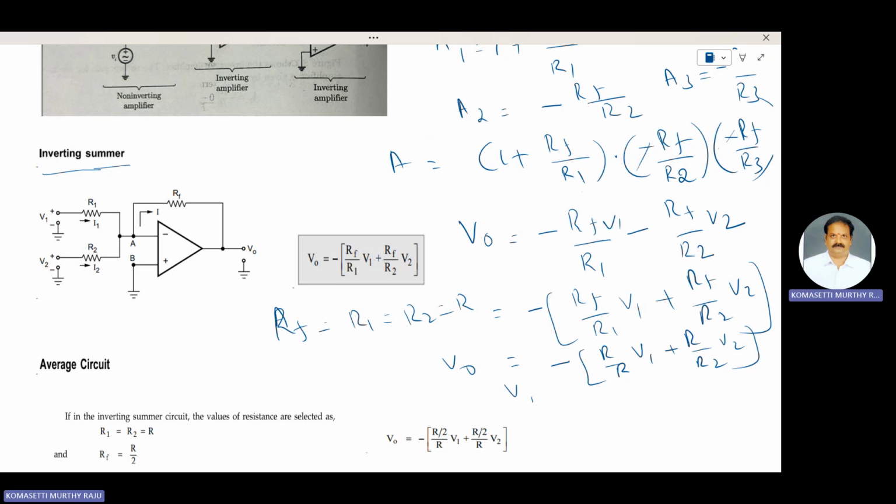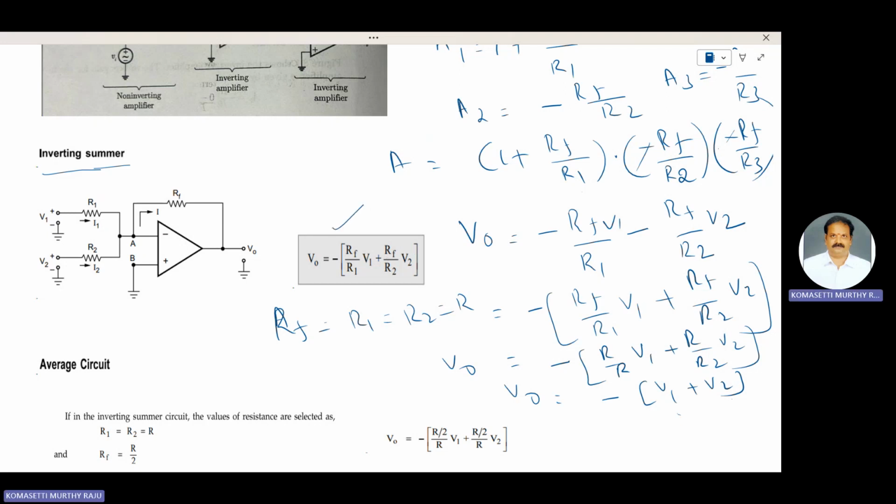Therefore, V0 is equal to minus of V1 plus V2. Input voltages are added, V1 plus V2, with negative sign because this one is inverting summer.